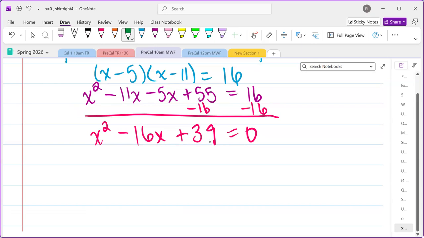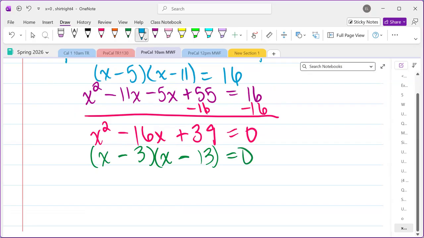But 39, there's not a lot of numbers that multiply to 39. So 39 is divisible by 3, and it turns out it's actually 3 times 13. And there we go. 3 plus 13 would be 16, but I want negative 16, so I make both of them negative.